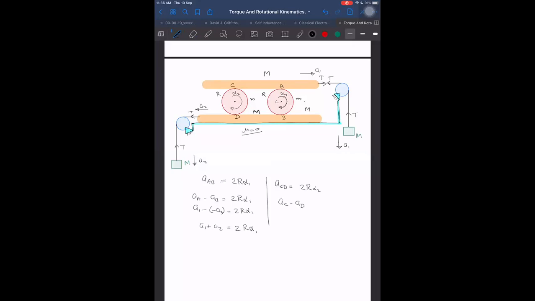Then AC minus AD is equal to A1 minus of A2, which is equal to 2R alpha 2. Is it okay? These are equal, which means alpha 1 equals alpha 2.